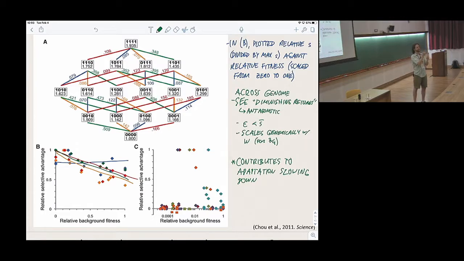The amount of effect is actually declining as adaptation proceeds. So there's both effects: a bias towards the bigger effect things happening early, but also the stacking of alleles with each other tends to be less beneficial than if you could just add up all of their individual effects upon fitness.